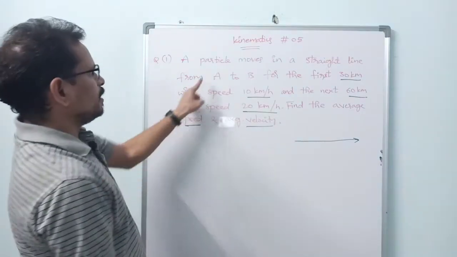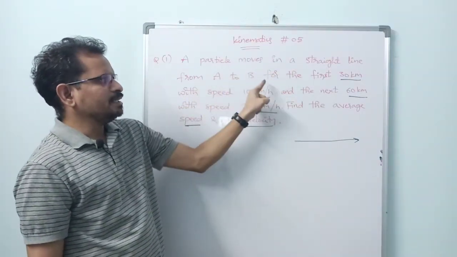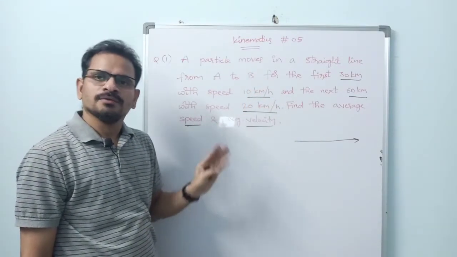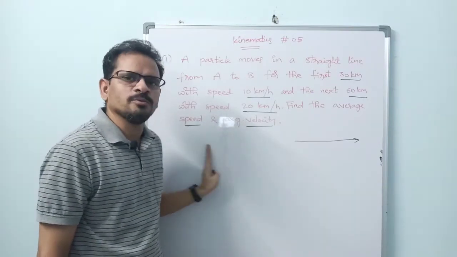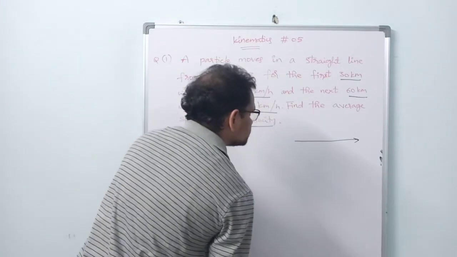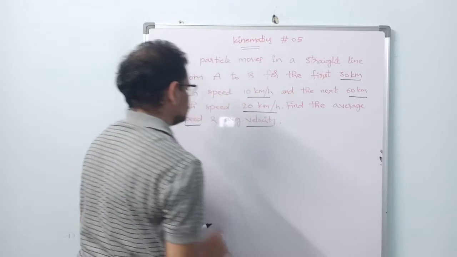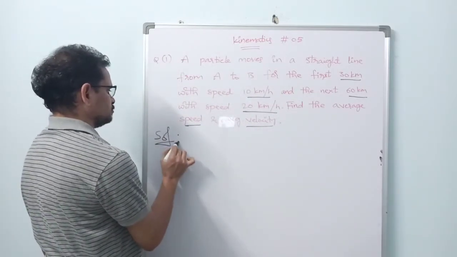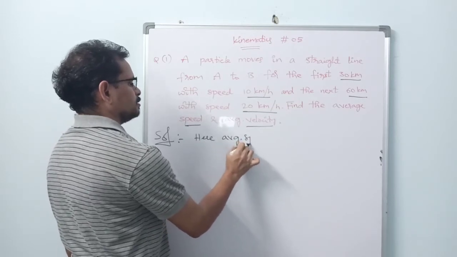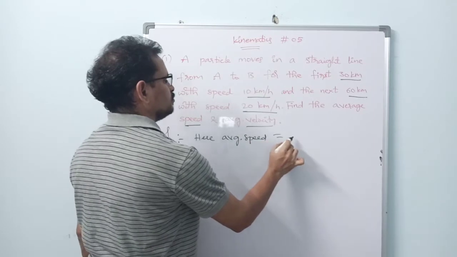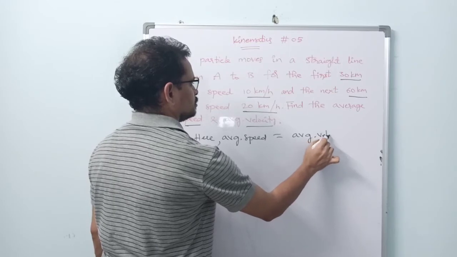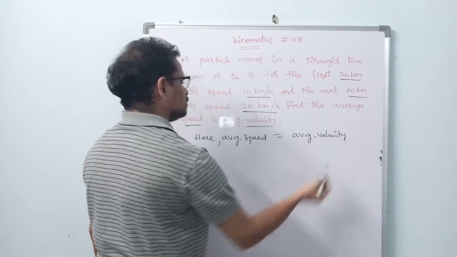So in our case, a particle moves in a straight line from A to B. Is it turning back? No. Its journey is from A to B in a straight line. So it's very clear that average speed is equal to average velocity.